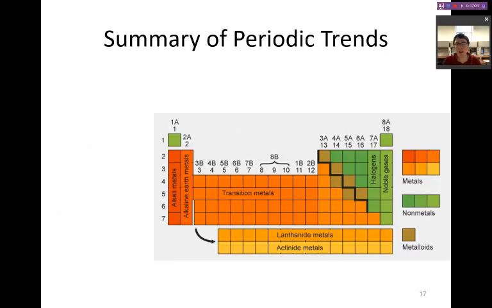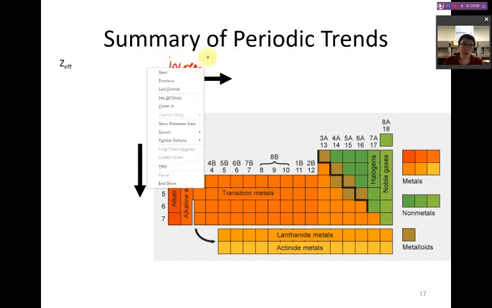So let's summarize what we've seen so far about the periodic table. Z effective increases as we go from left to right, and it increases a significant portion that way, but it increases to a small extent as we go from top to bottom.